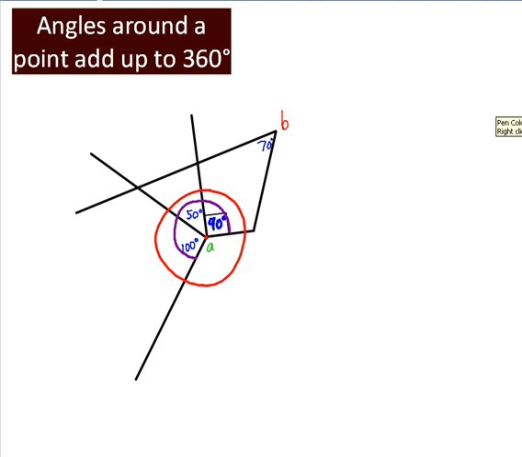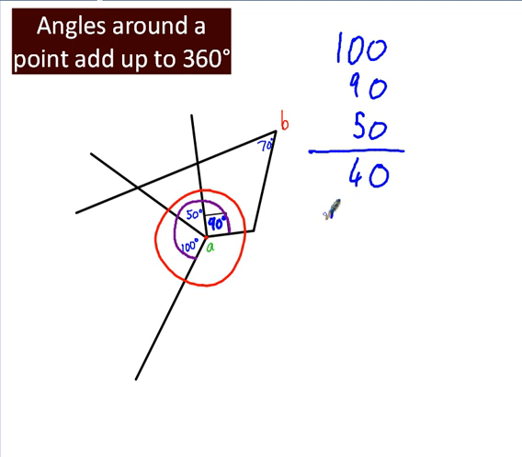So if I add up these three angles here, what do I get? I get 240 degrees. So in total, that large purple angle, it's a reflex angle, measures 240 degrees.